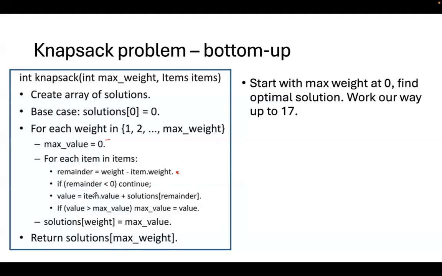And then we look at the value. We get the value for that specific item and then find the value for everything else. And if that value is greater than the max, then we update that.